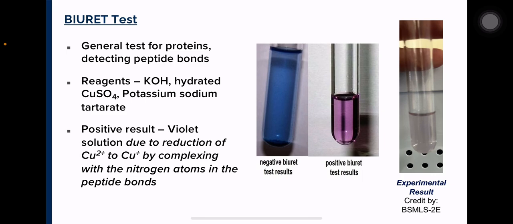Structural proteins, we have keratin, fibroin, and collagen. Defense proteins, we have antibodies or fibrinogen. And regulatory proteins, we have insulin and growth hormone. So those are the different functions of proteins in our daily lives.